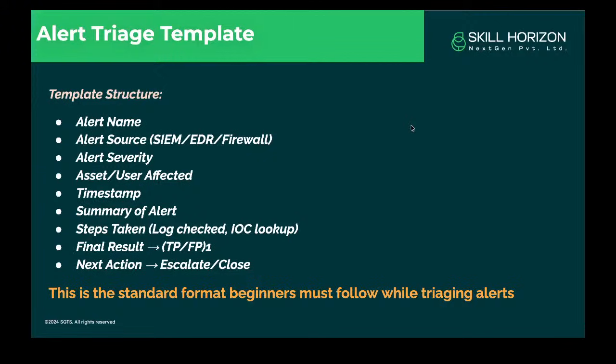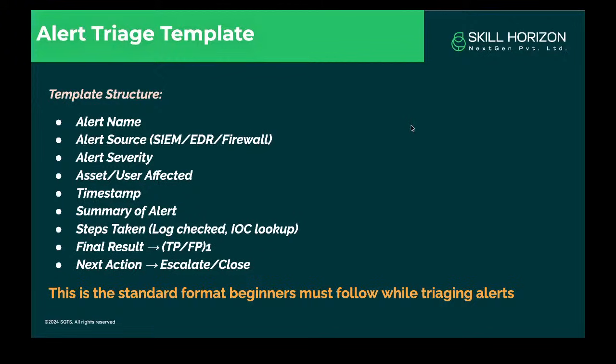Okay, the alert triage template. In this template, the structure is as follows. This is the first document every L1 analyst fills out. The structure looks like: alert name, alert source, meaning where it is coming from, like your SIEM tool, your EDR tool, or your firewall.